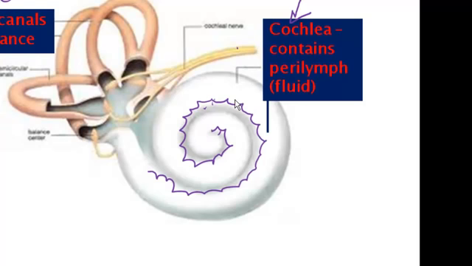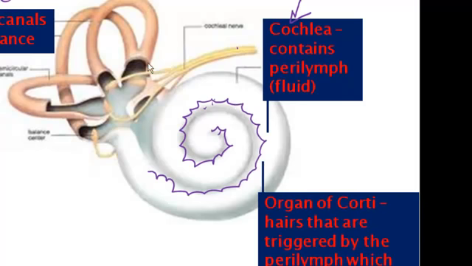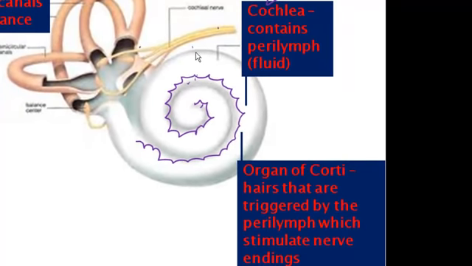And once the oval window transfers those vibrations, well, you can imagine the waves start making waves. And so what happens is those waves trigger little hairs, little nerve endings called the organ of Corti, which is on the outside of the cochlea.